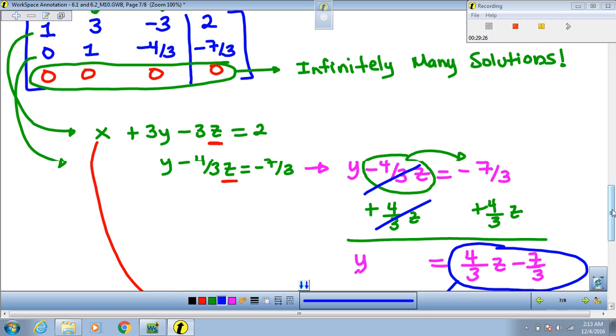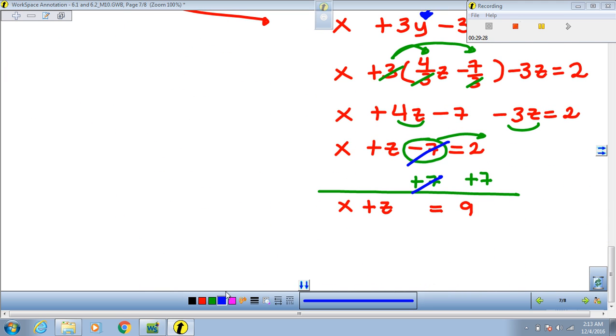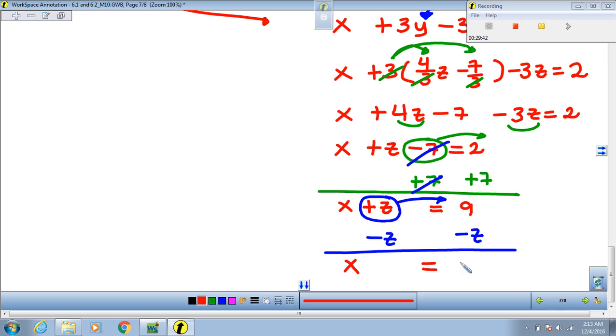We had already said that z was repeated in both. So you have to solve here for the one that is not the one that was repeated. So you're going to solve for x. That means z is going to have to go to the other side. How? By subtracting in this case. So you're going to have x equals 9 minus z, or negative z plus 9, however you want to write it down. And these two cancel each other.